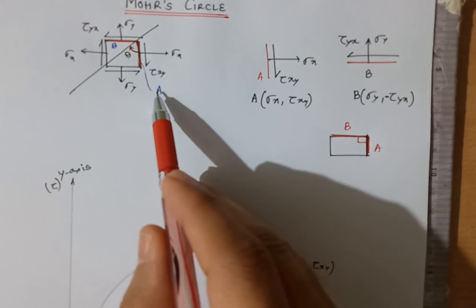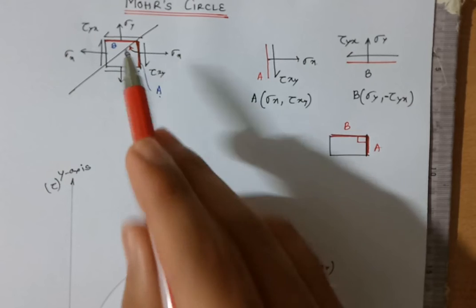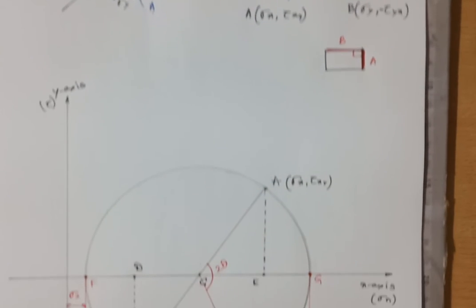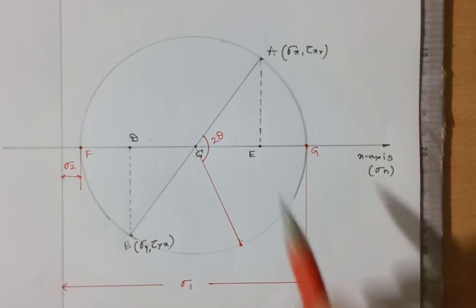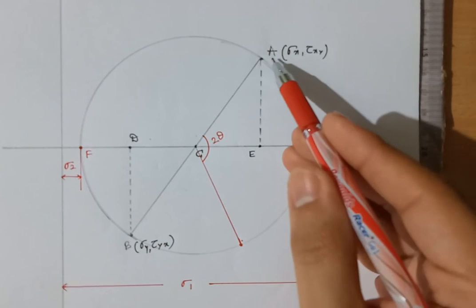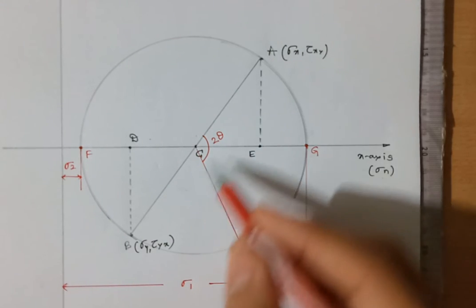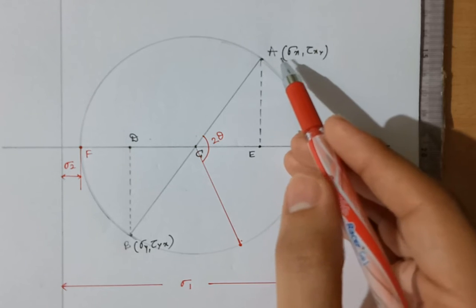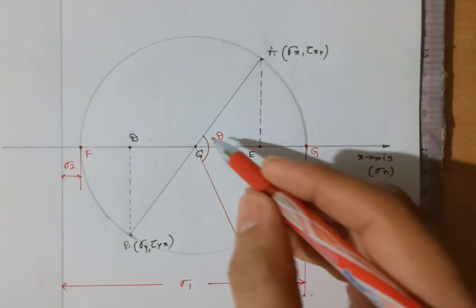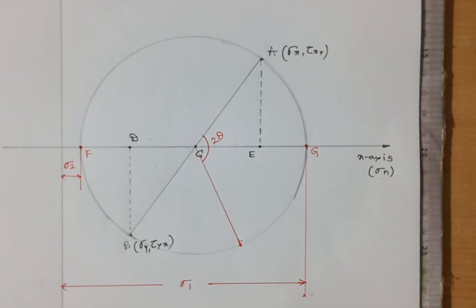So from the reference plane, theta should be marked in the clockwise direction. What is my reference plane? A is my reference plane. So from A, this is the clockwise direction. That is the reason I have marked it at an angle of 2 theta, right?